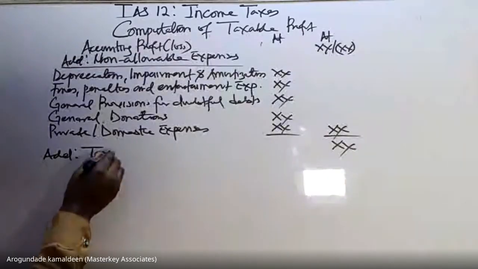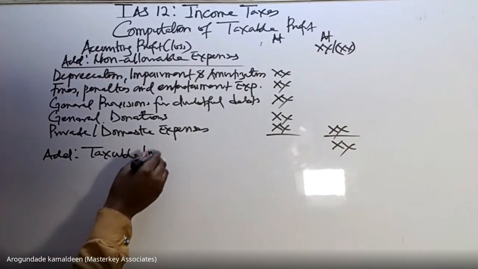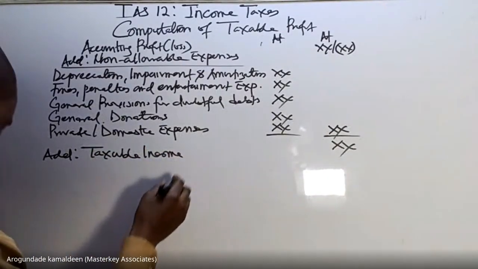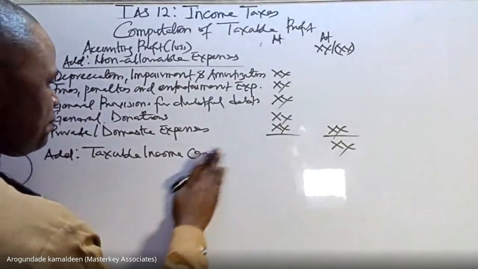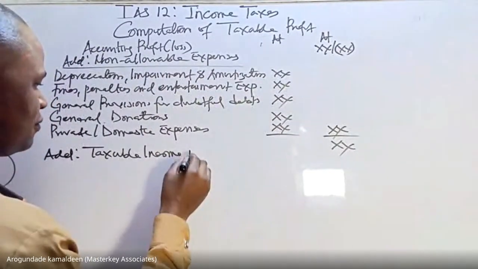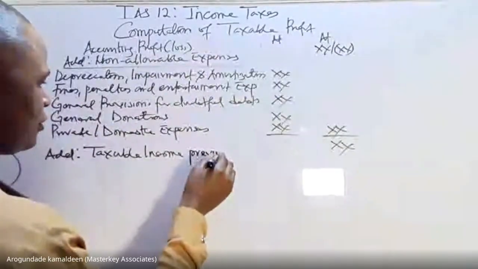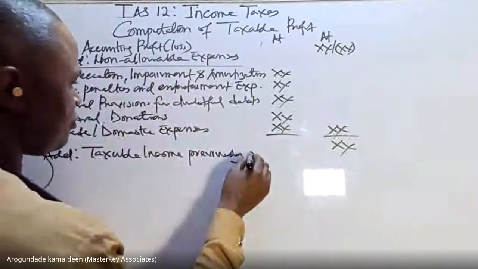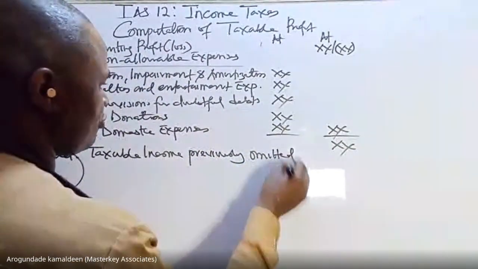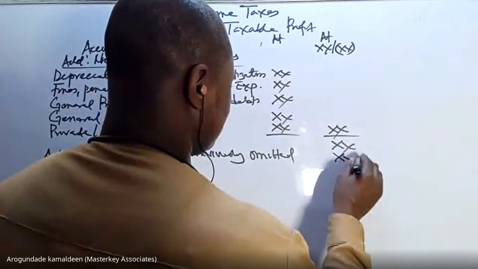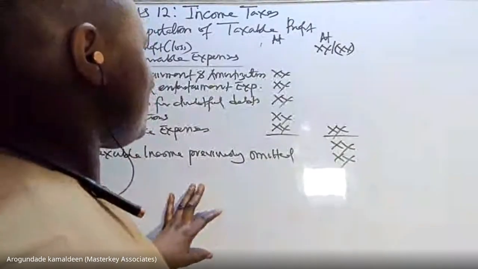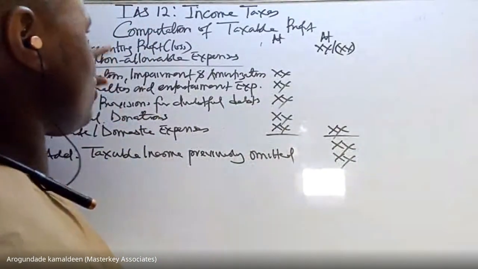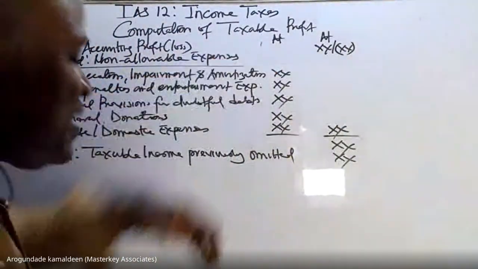If you have taxable income previously omitted, you also add. Now, are there non-taxable incomes that have been added by the company to get this profit?